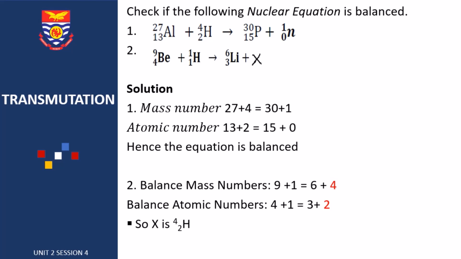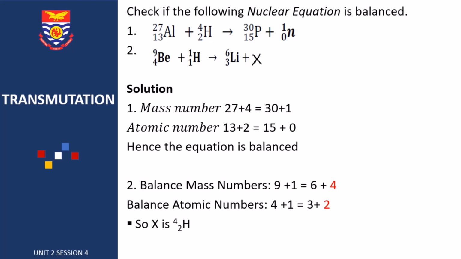With the first one, we have aluminium plus helium to give us phosphorus and a neutron. To balance this, you look at the atomic mass of aluminium and that of helium. The sum of the atomic masses of aluminium and helium should be equal to the sum of the atomic masses of phosphorus and the neutron.